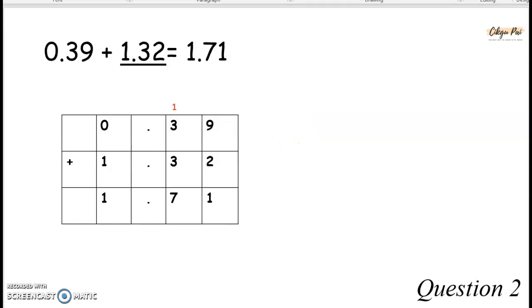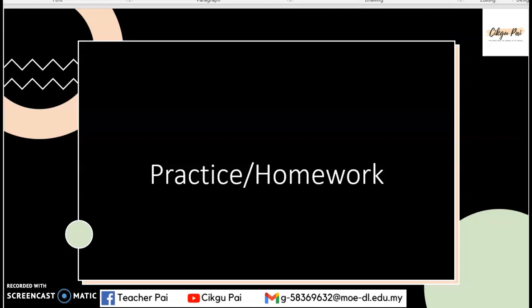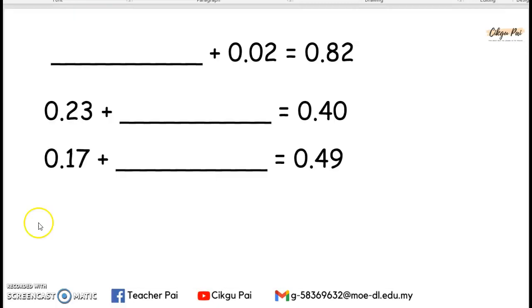Next we will move to the practice. Now you need to answer. Teacher Pai has placed 3 questions here for you to answer in your Maths 1.